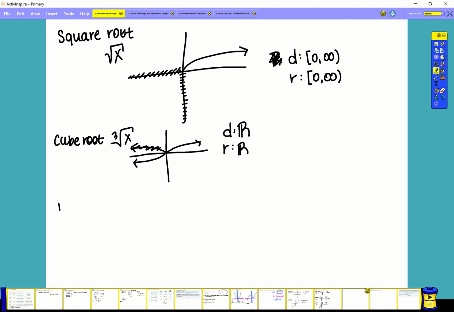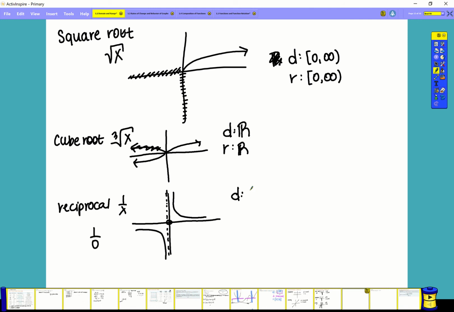Now what about the reciprocal? That's 1 over x. It's going to look something like this. So notice, we talked about how there's a hole here, about how you can't actually reach x equals 0 because then you have 1 over 0.